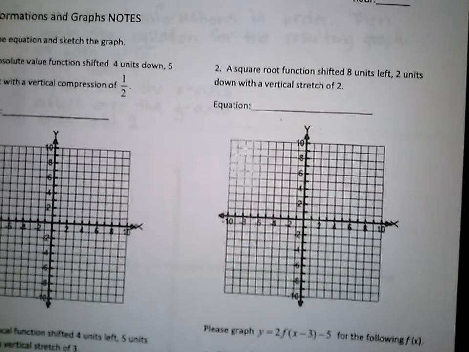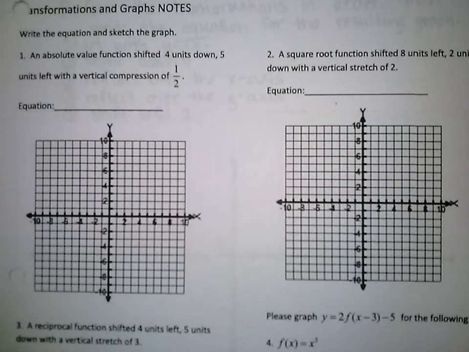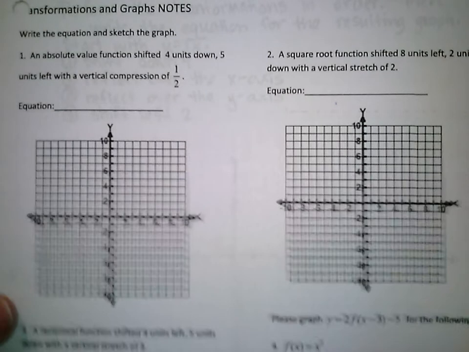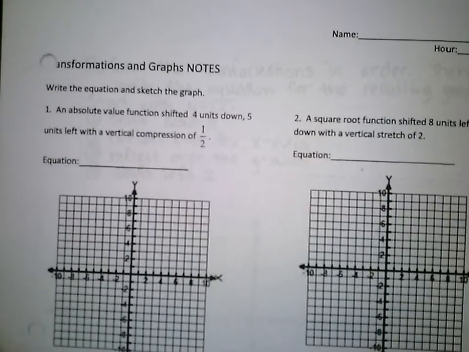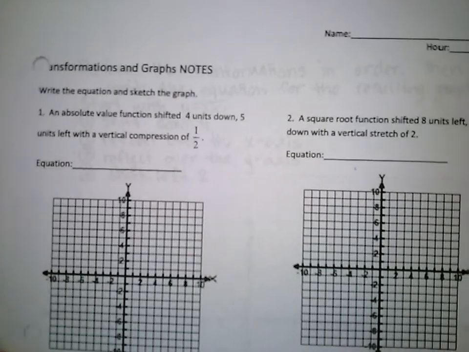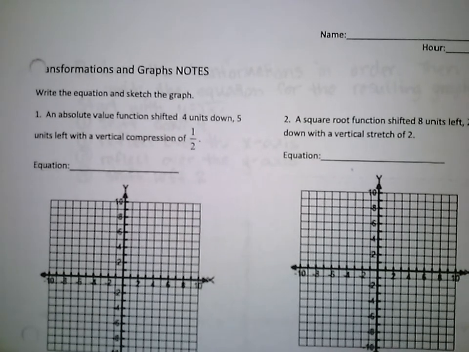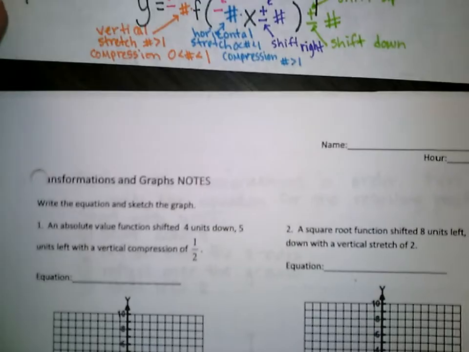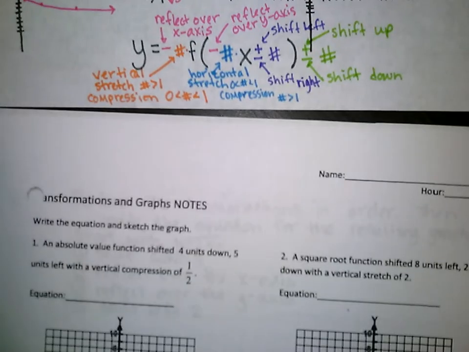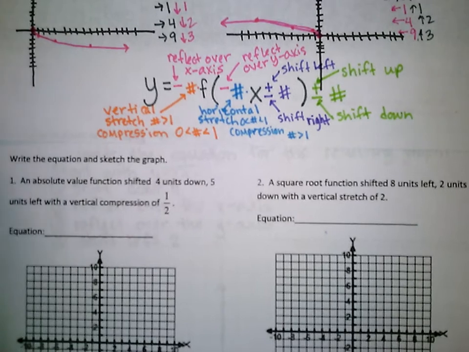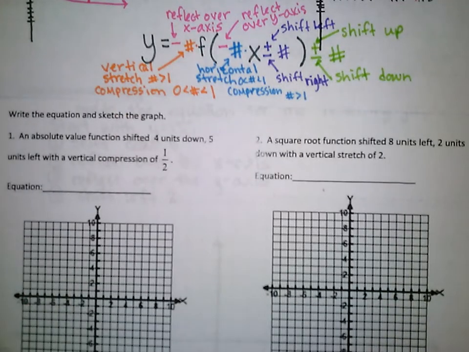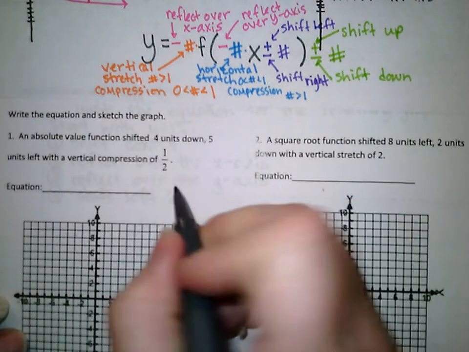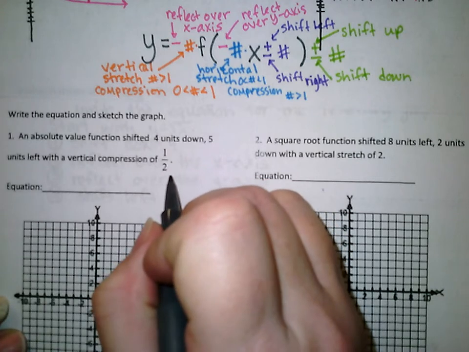Let's practice doing some of these transformations and writing them and then graphing them. So here we've got an absolute value function that is shifted 4 units down and 5 units left that has a vertical compression of 1/2. So I'm going to keep these here so you can reference them as we're going. So an absolute value function is y equals absolute value of x.